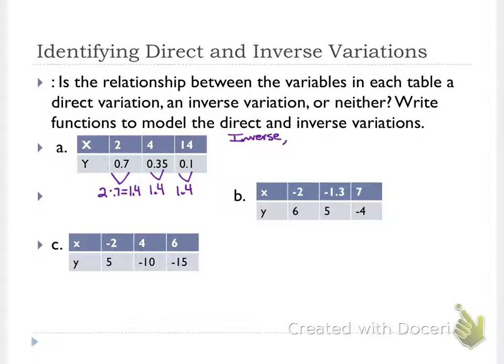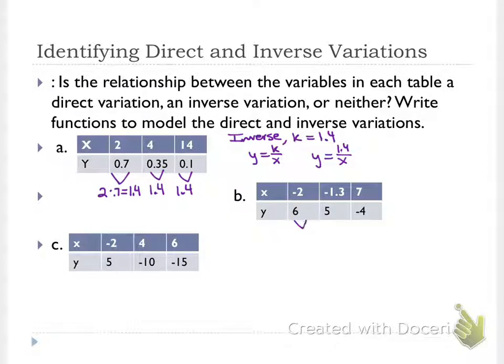My k is whatever's the same, so 1.4. When you plug it back into the y equals k over x equation, you get y equals 1.4 over x. That's all you need.